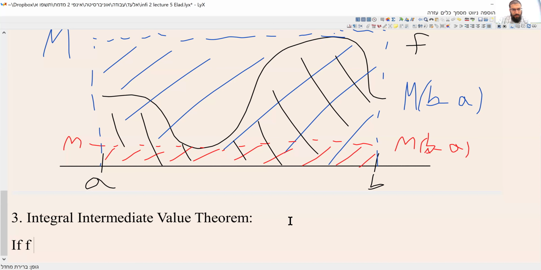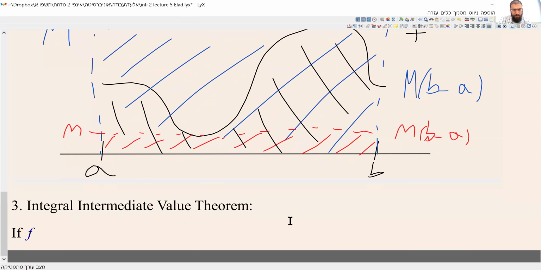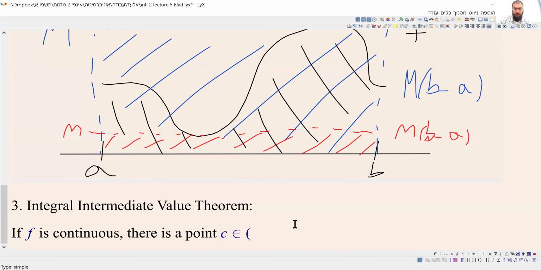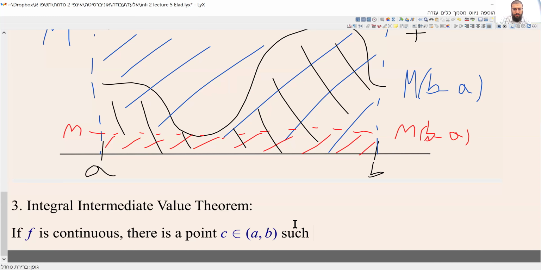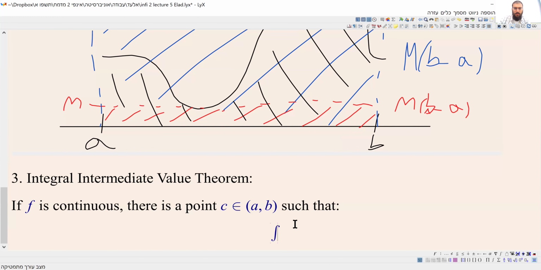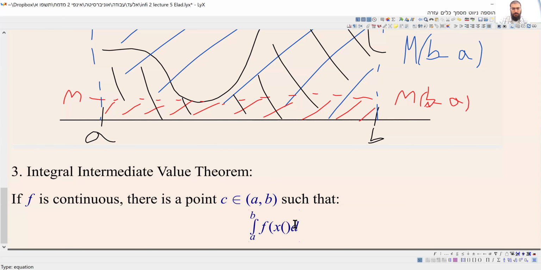If f is continuous, there is a point c between a and b such that the integral, which is the area, is f of c multiplied by b minus a, which is the area of a rectangle with base the segment ab and height f of c.